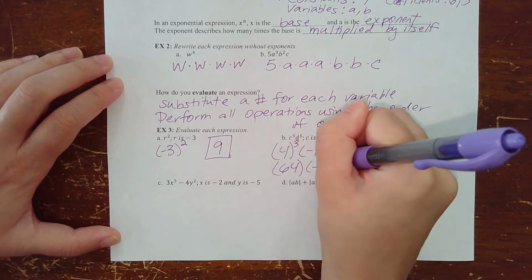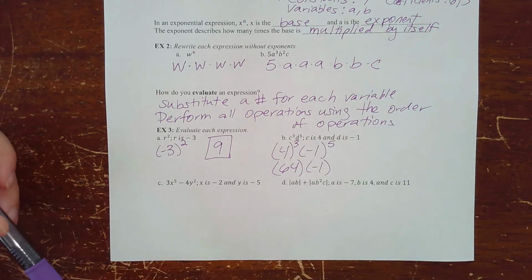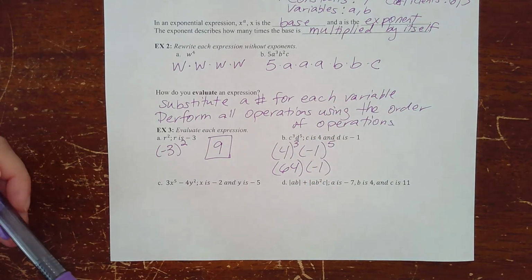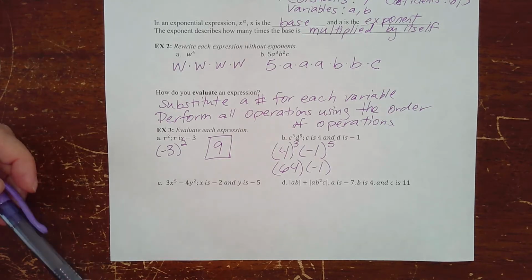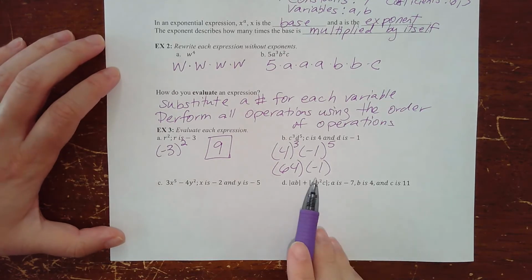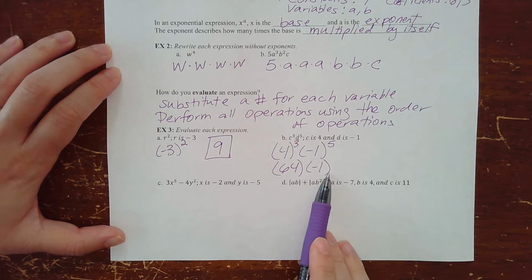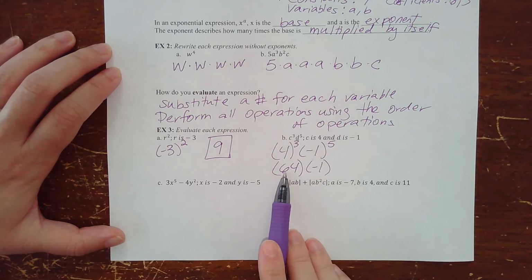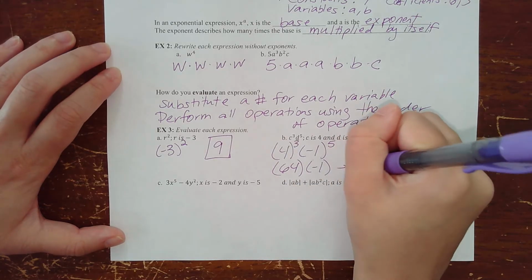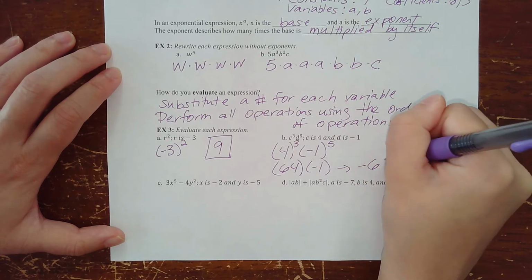So it is negative 1. And it's okay to use your hands and use your fingers, okay? Don't feel self-conscious at all about that, to keep track of where you are. So now that I've done that, then I can use multiplication. So 64 times negative 1 would give us an answer of negative 64.